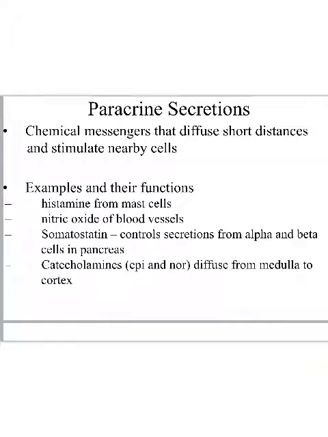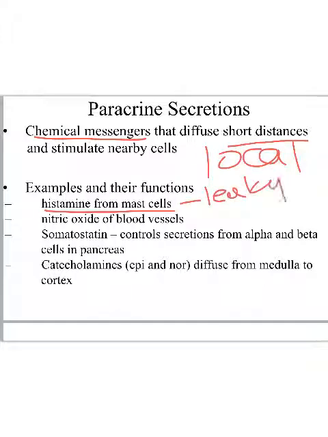Okay, so paracrine secretions are secretions where hormones or messengers diffuse short distances and they stimulate cells nearby. So they're considered local. Some examples, and we usually talk about these more when we get to the systems: histamine is released from mast cells and it makes blood vessels leaky. Nitric oxide causes blood vessels to dilate.